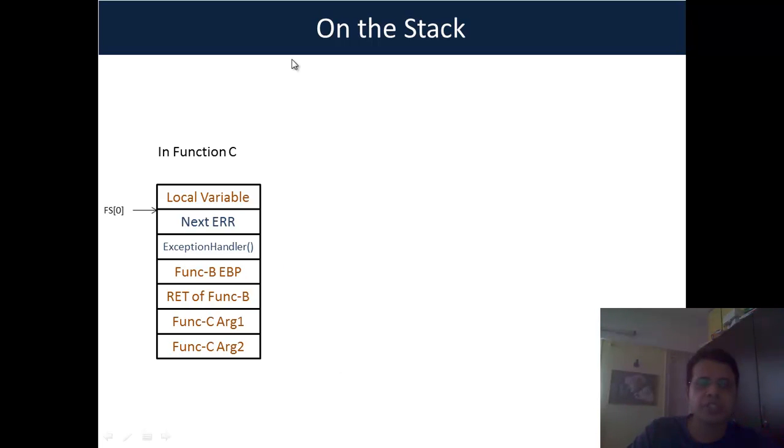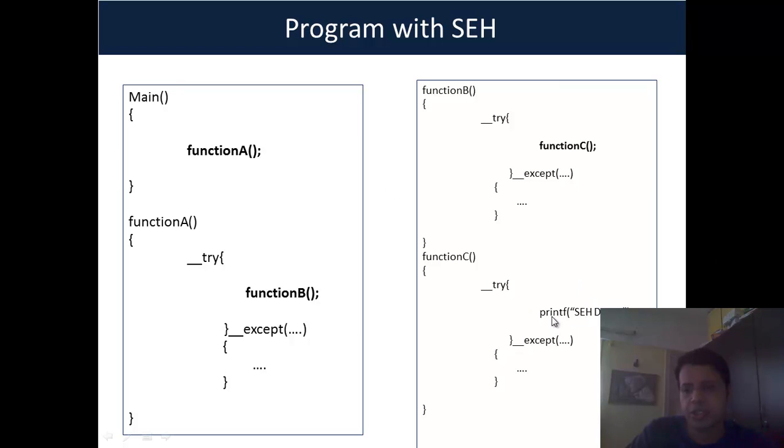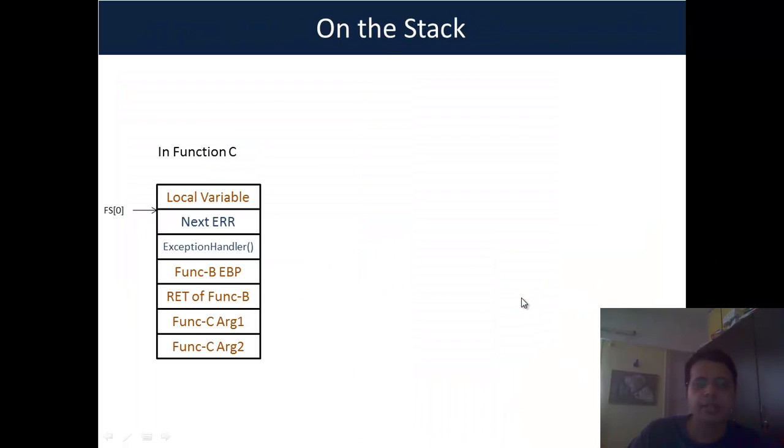Now, if you remember in the previous video, we had drawn a very large stack which contained all the stack frames of function A, B, and then C. In this case, we just kind of shortened it, and we are only looking at the final function C, within which we are in the try block. And this is how it would look like.